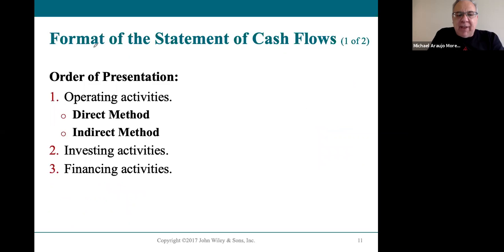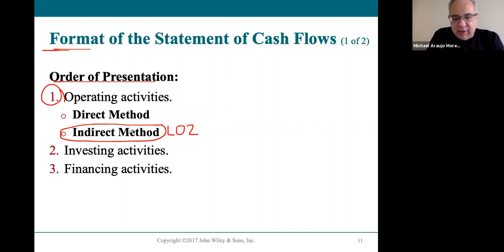The statement of cash flows has a very specific format. There's an order to how things work in all financial statements, and the cash flow statement is no different. The first thing that's always listed is the operating activities of the business. We are going to be learning the indirect method in Learning Objective 2, how to prepare a cash flow statement using the indirect method.